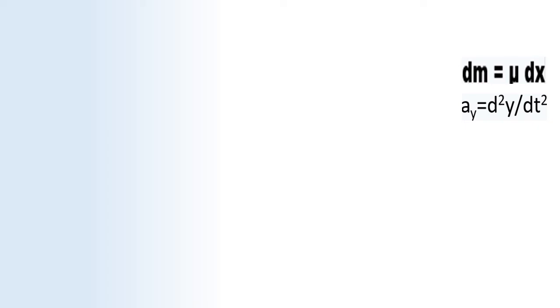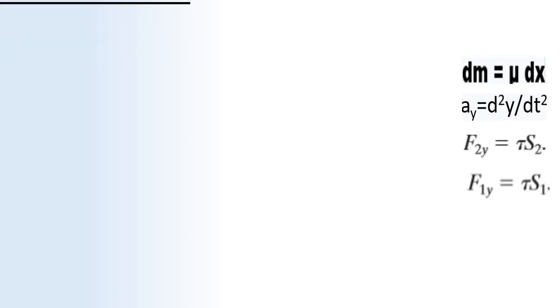Then we analyzed the forces on the right hand and the left hand, directed along the y-axis, and got F2y equals tension T into slope S2, where S2 is the slope on the right hand of the string element. Also F1y equals tension T into S1, the force directed on the left hand of the string element, where S1 is the slope on the left hand of the string element.